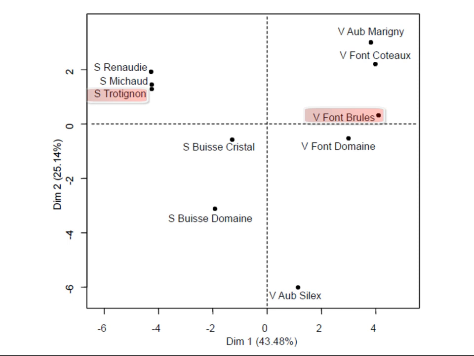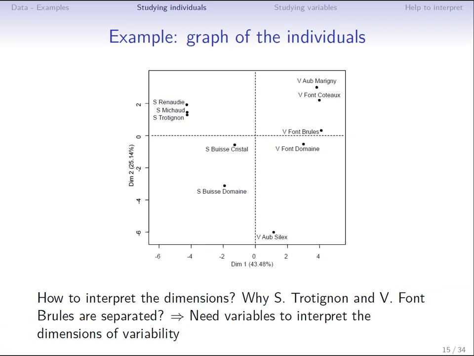So now, why are these two wines separated on the first dimension? To answer this question, we can be a French enologist and have a good knowledge of these wines, but this is not my case, so I will use variables to interpret these dimensions.